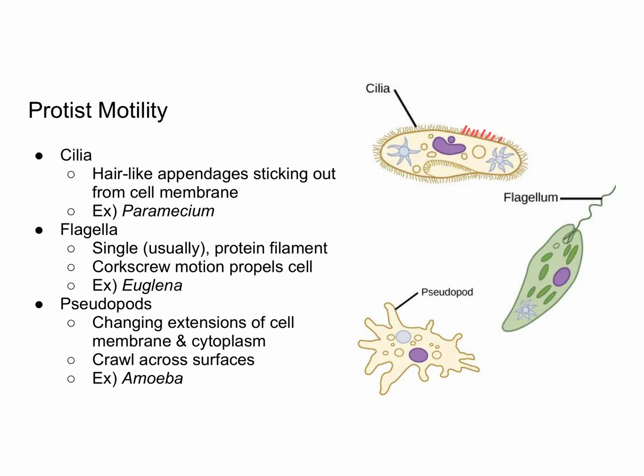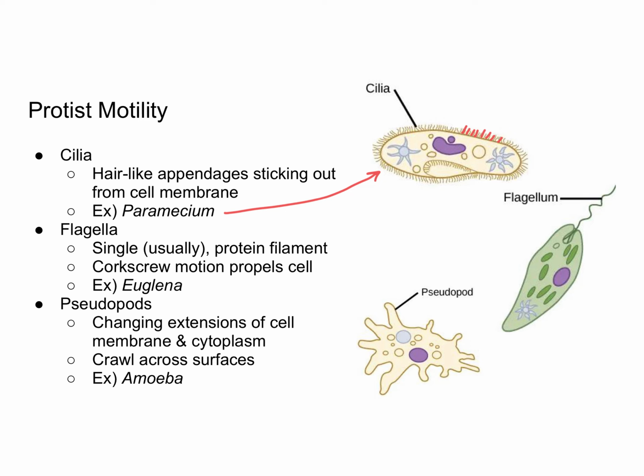And these hairs are able to beat back and forth almost in a wave-like movement. The movement of these little hairs, they're actually protein fibers, allows the organism to move around in its environment. An example that you're maybe familiar with is paramecium.